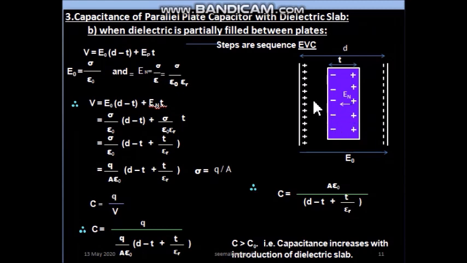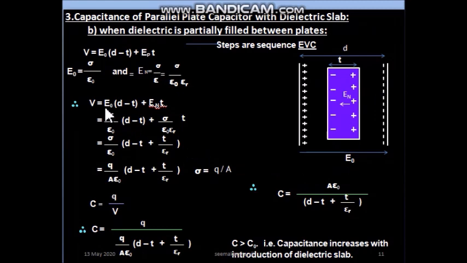Now we have to find out till what region E0 is present. You can see, out of D separation, if we subtract T thickness, we get the region for which E0 is present, that means this region and this region. So E0 is present for D minus T region of the capacitor.